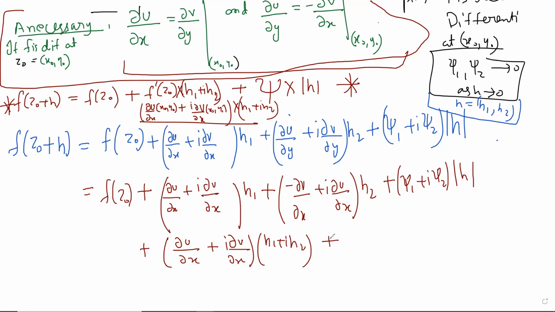So this is H1, and this is this, and this is iH2. So if I put an i, yes, you can check that. This is what it is.